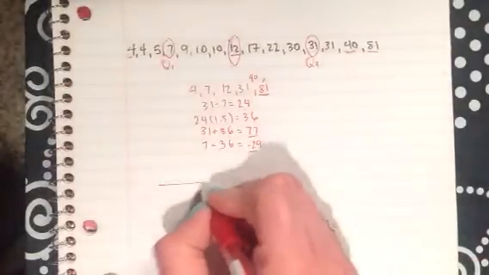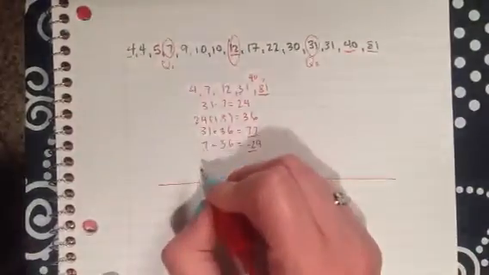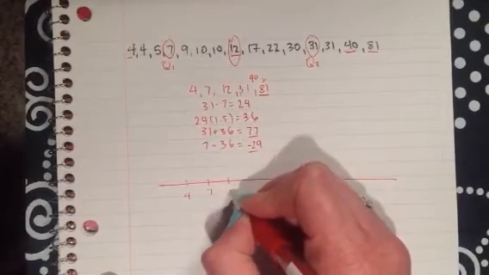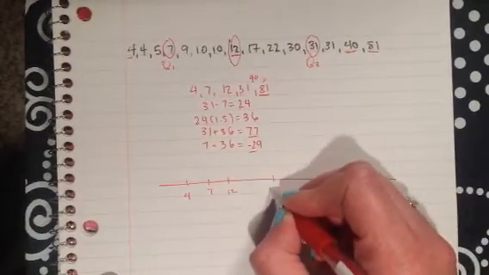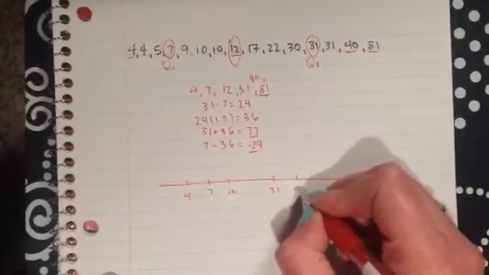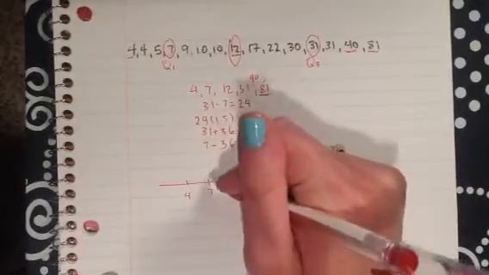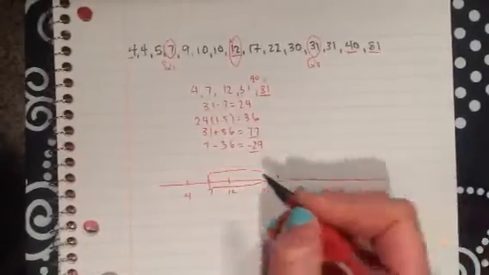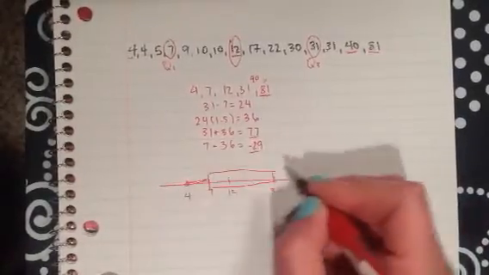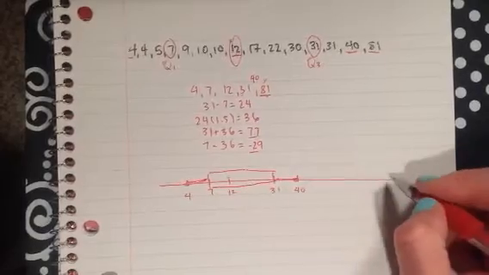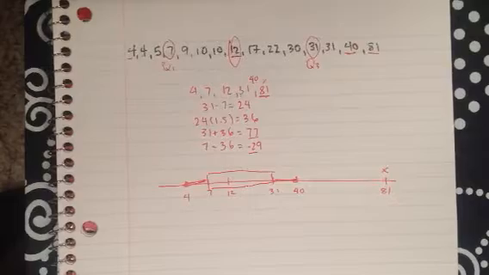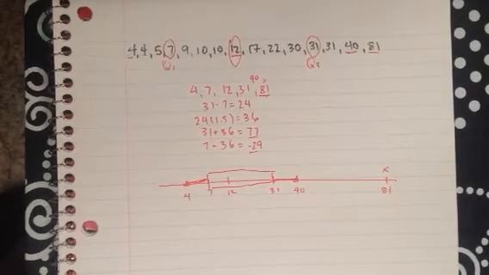So I'm going to go ahead, draw a number line, and plot 4, 7, 12, 31, 40, and 7, 12, and 31 make our box. 4 and 40 make our whiskers. And clear over here at 81, we'll just put a mark for our outlier. And that's our box and whisker plot. Thanks.